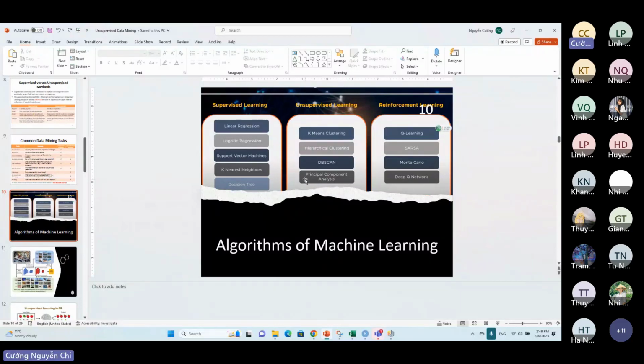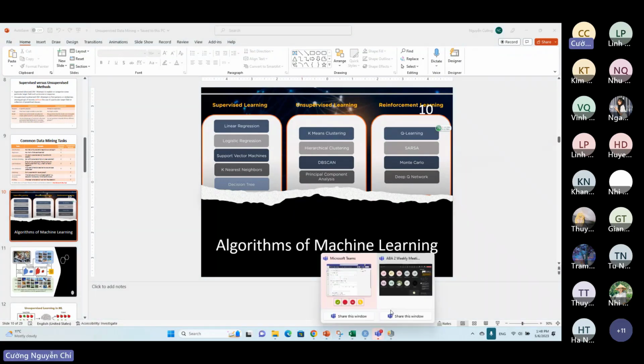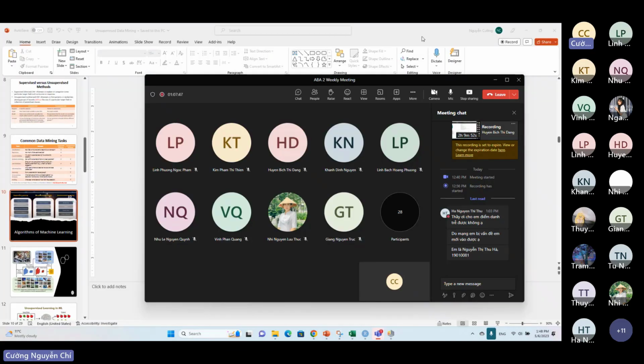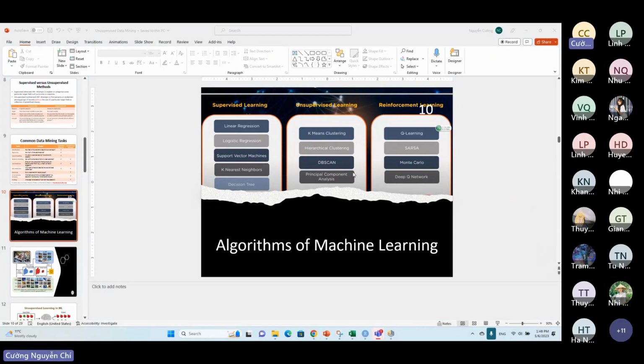Ở đây có đứa nào thấy cái chữ principal component analysis này quen quen không mấy đứa?